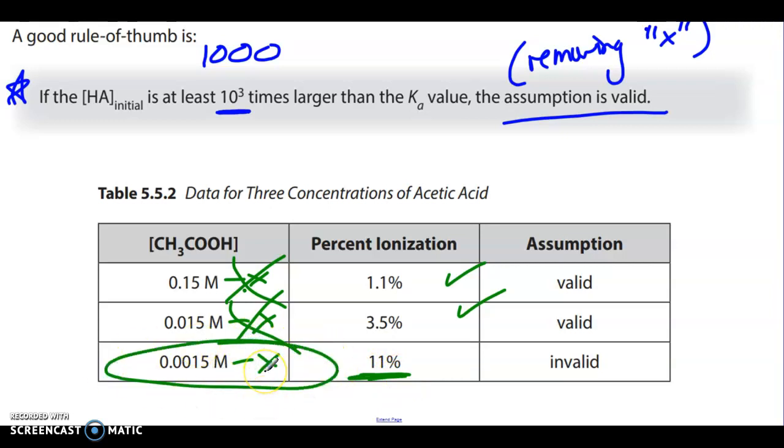You would not be able to remove that. We saw this rule before when we did the common ion effect. The same thing is going to happen here, though instead of adding X, we're removing X. If the 1,000 rule is applicable, you can get rid of X. However, if not, you would have to factor through and determine your X appropriately.